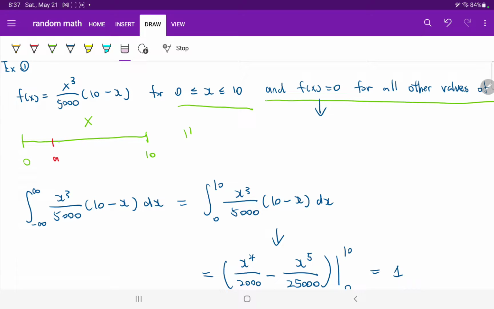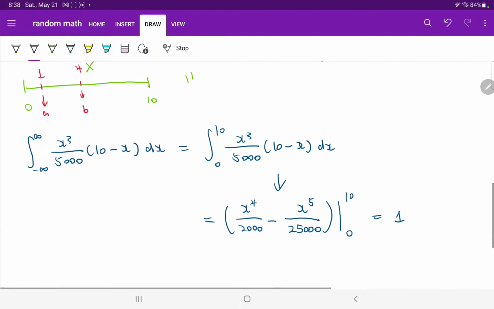This is a, which is 1, and this is our b, which is 4, right? So the question is asking, if we were to choose a random value of x, what is the probability that it lies between 1 and 4?